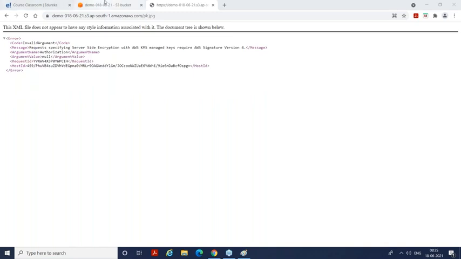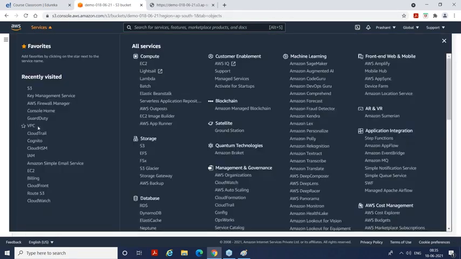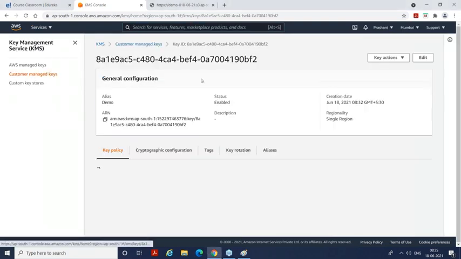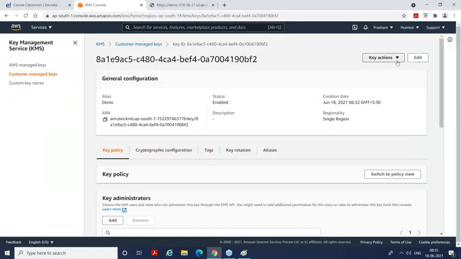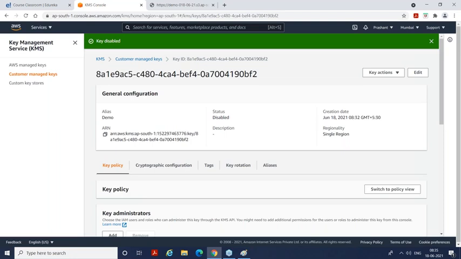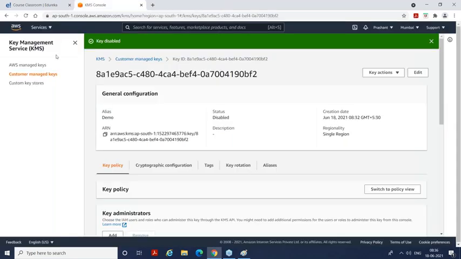Now if I deactivate this key, pay attention. On the same screen, I come back here to the KMS. Key action, I disable this. I am disabling this key. So I have disabled it. Now if I refresh, one second. Key is disabled.